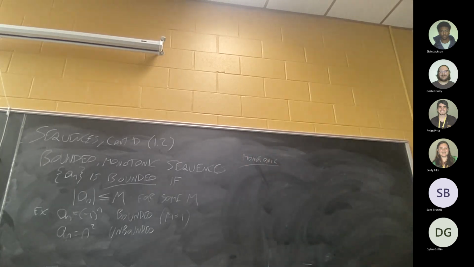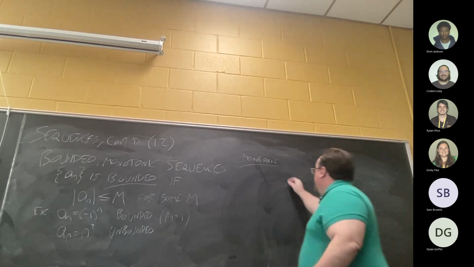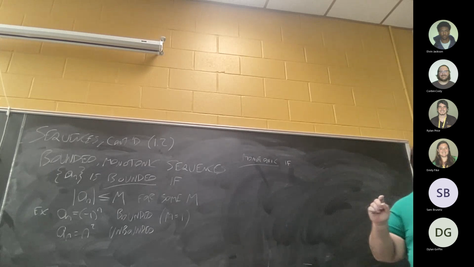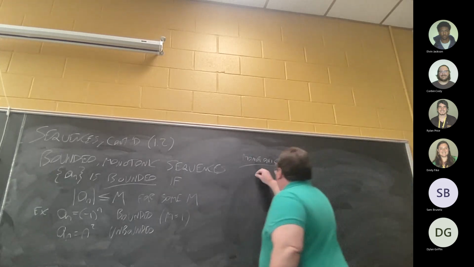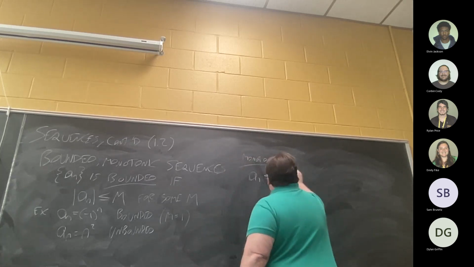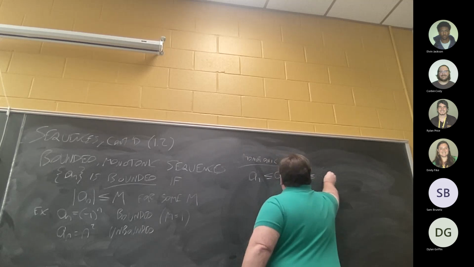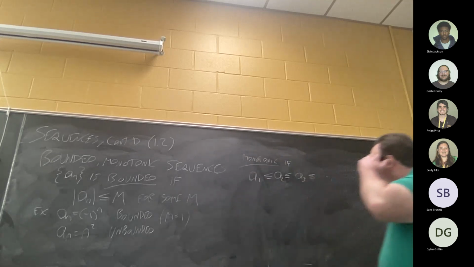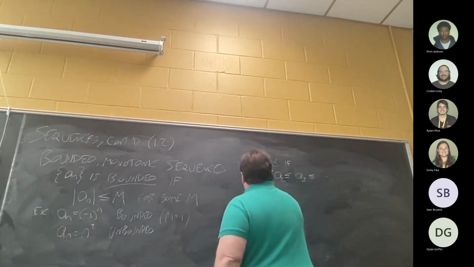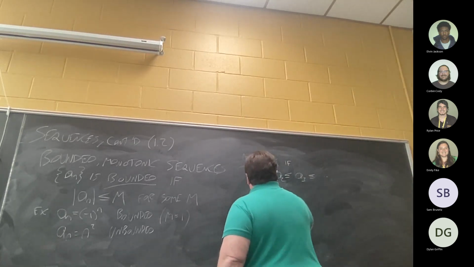The other term: when is a sequence monotonic? When the terms are all going in one direction. In this case, the terms are non-decreasing, or it goes the other way.